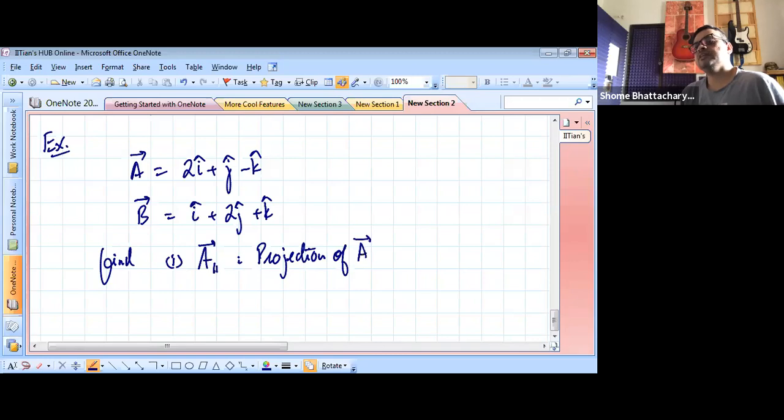So the projection of vector E along vector B in component form and its magnitude.